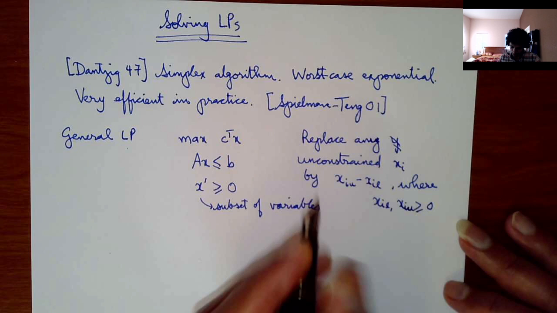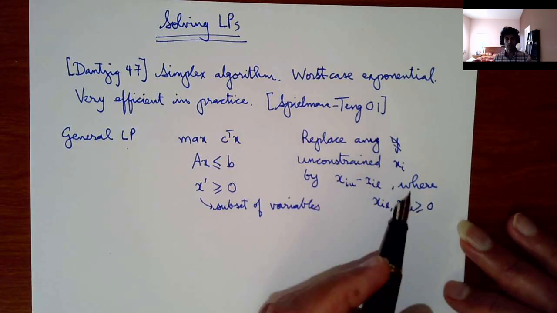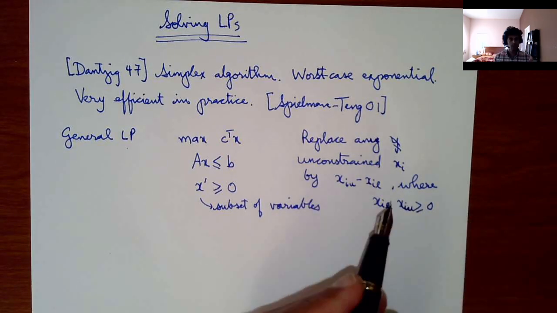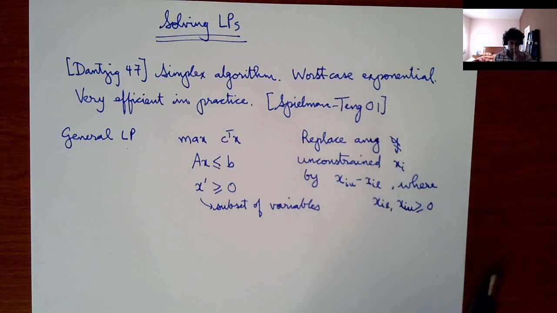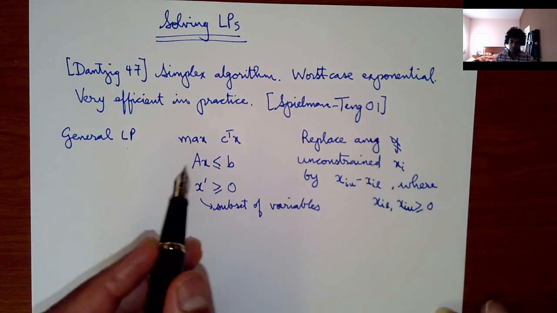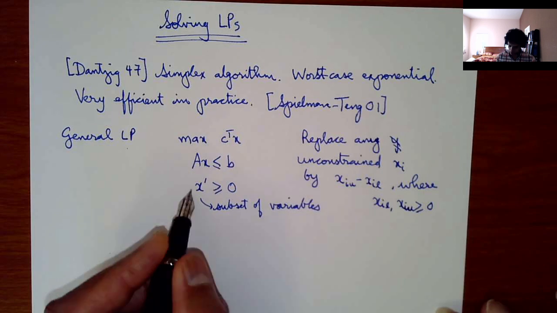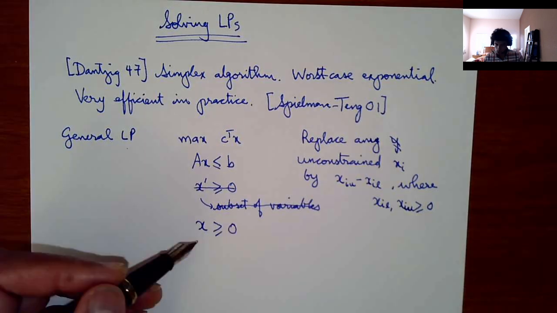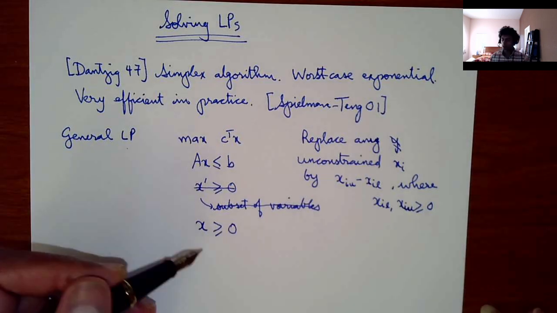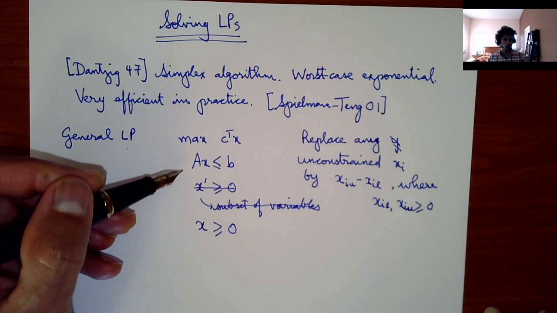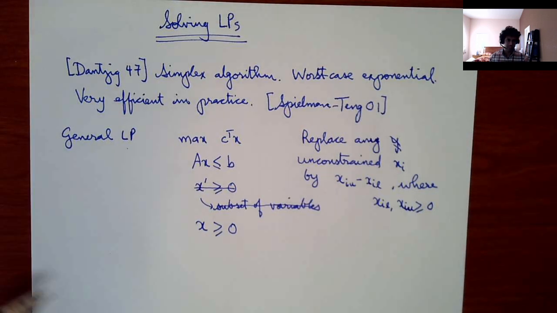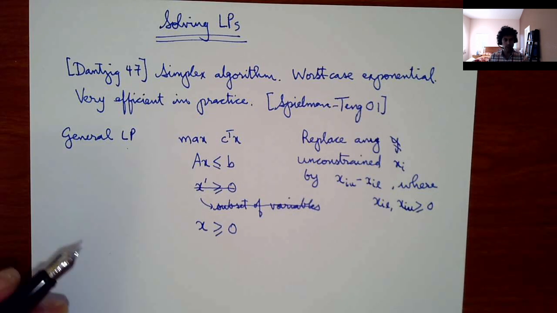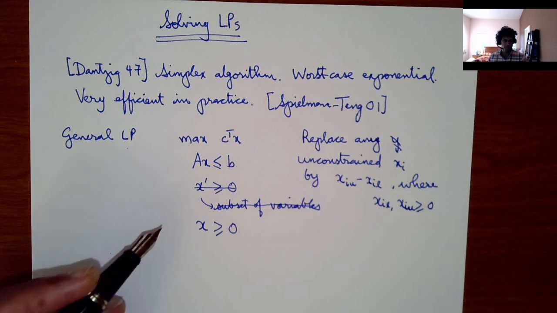So I can replace any unconstrained variable by the difference of two non-negative variables. And if I do that replacement here, I can essentially make that condition just x' be greater than 0. So all the variables are non-negative. These are common transformations that one does to an LP so that it's easier to argue and easier to solve. It doesn't really change the underlying solution in any way, but then the math becomes easier to describe.